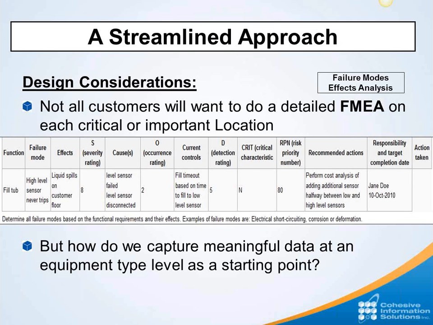So depending on where you are in your maintenance maturity as far as implementing an RCM program, this can be one strategy that provides a quick return on investment by attacking large chunks of data. And then using the techniques we'll talk about in a little while, you can leverage Maximo to help you grow into a more detailed failure modes and effects analysis where appropriate.